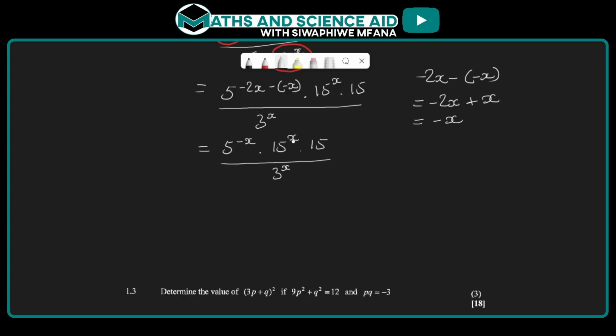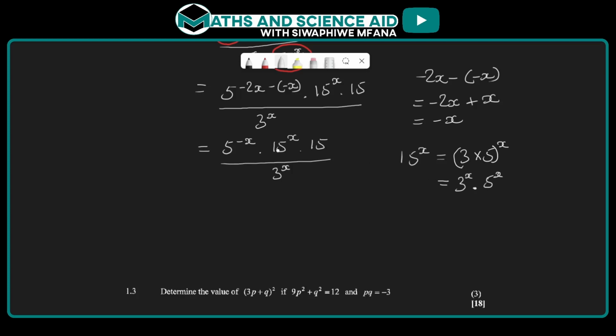We have this 15 to the power of x, right? So what we know is that we can actually write 15 as 3 multiplied by 5. And then since the 15 has an exponent of x, we are going to raise it to the power of x. And now, if you do that, I'm sure you can already see that what we are going to end with is that, again, using the laws of exponents, it means that we can write this as 3 to the power of x multiplied by 5 to the power of x.